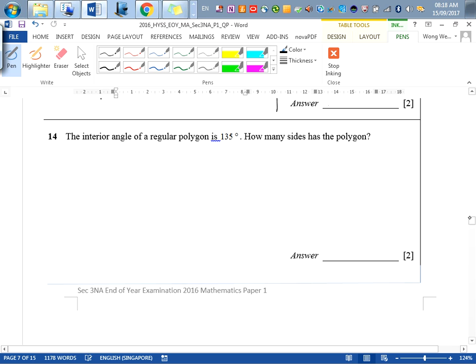The interior angle of a regular polygon is 135 degrees. How many sides does the polygon have? So we need to use our formula. Okay? Interior angle of regular polygon is equals to n minus 2 times 180 degrees divided by n.